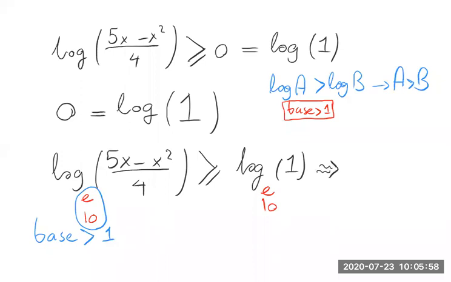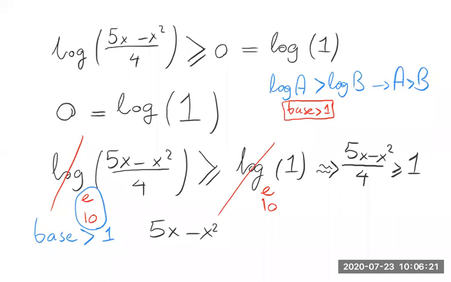Because log of (5x minus x squared) over 4 is greater or equal than log of 1, it means (5x minus x squared) over 4 is greater or equal than 1 itself. We can cancel these logs, right? We multiply both sides by 4, we get 5x minus x squared is greater or equal than 4.